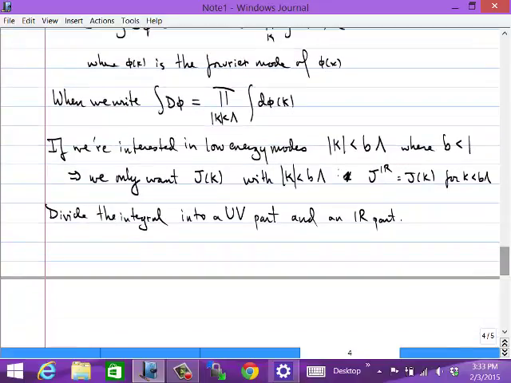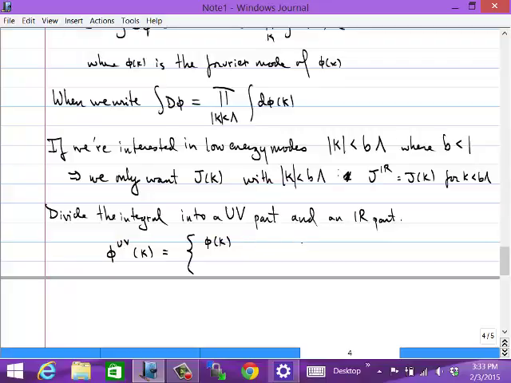So for example, we can just relabel our field variable phi in the following way. I'll define phi UV to be the set of field modes with k bigger than b lambda.